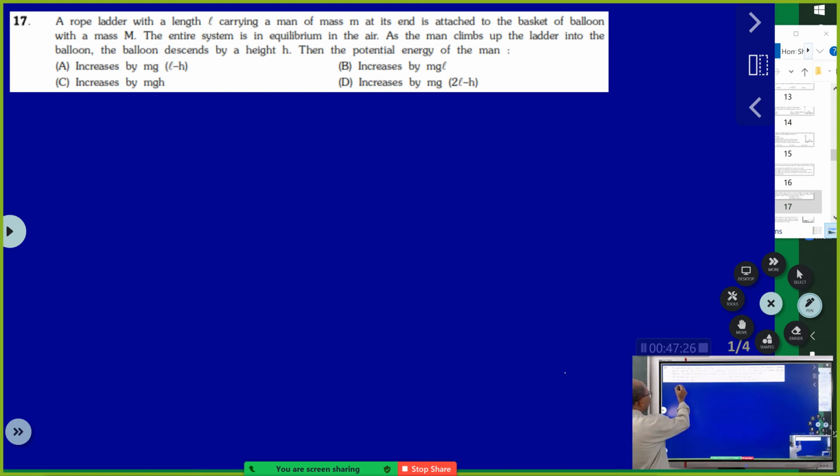So I will draw a balloon, and this balloon will have what is called the buoyant force, and then they are told it has a basket.